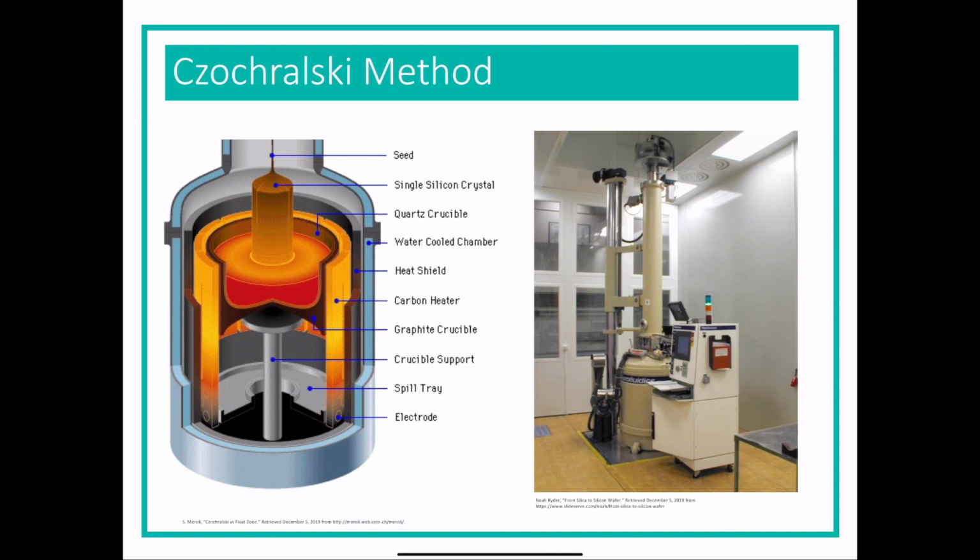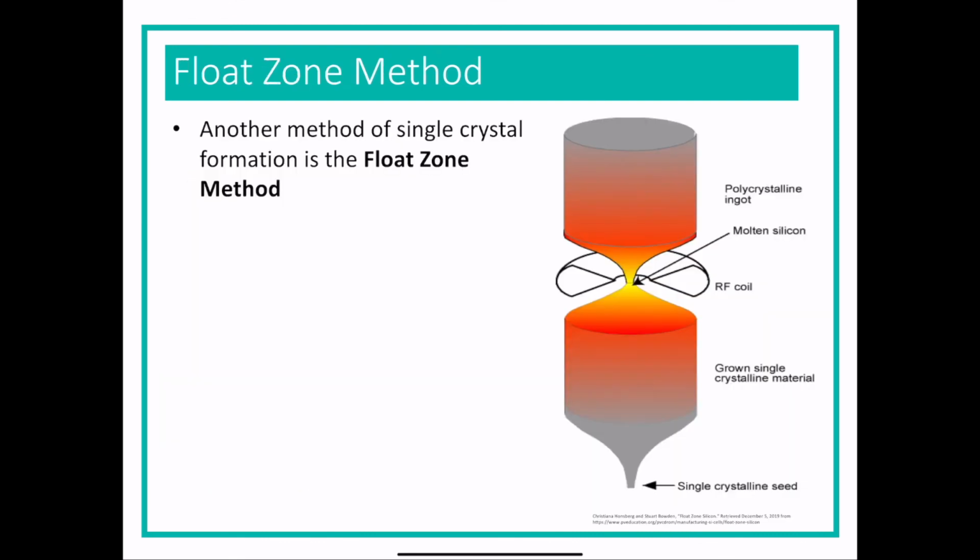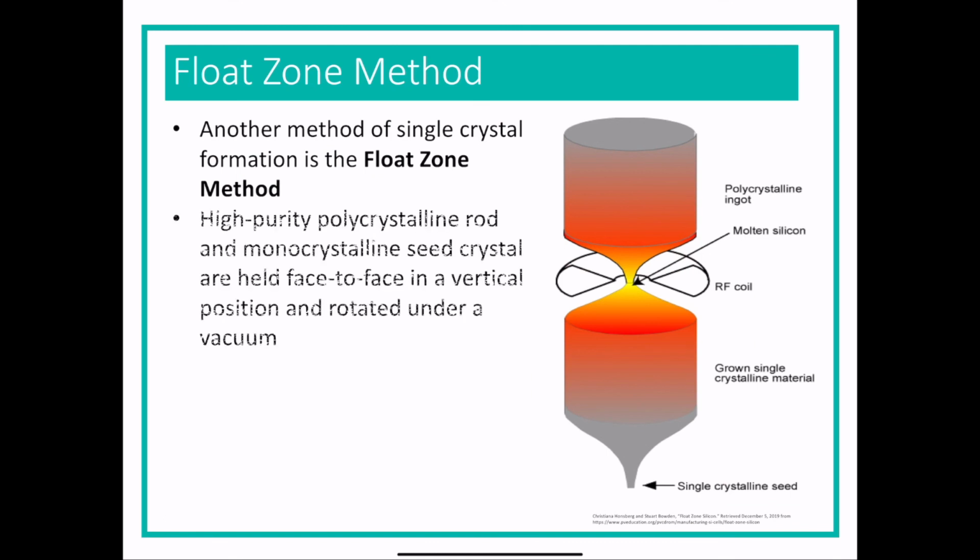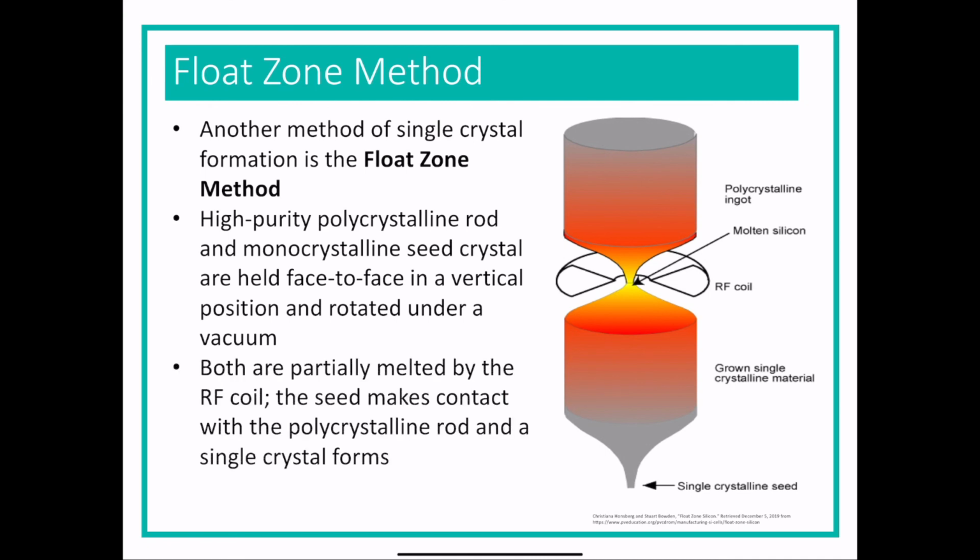There are some other ways that silicon is manufactured, but I'm not going to go into those. The other method that is used is something called the float zone method, and in that you have a polycrystalline rod and one seed crystal held together, and there's an RF coil that melts, and it makes the single crystal at the bottom, and it just moves up, and the polycrystalline becomes a single crystal.